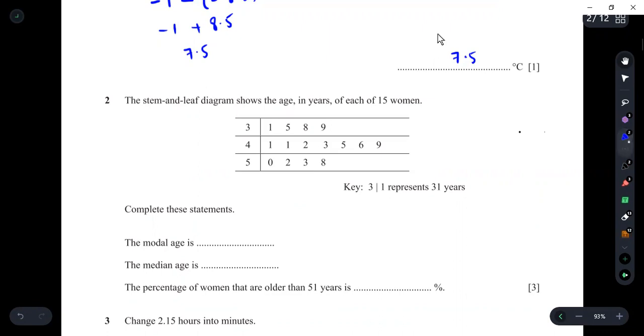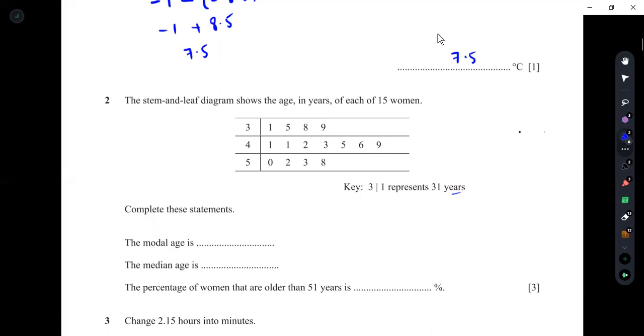If we read any value from this table, 3 on the left side and 1 on the right side means it is 31. It represents an age of 31 years because this data is about the ages of the women. So the first numbers here are 31, 35, 38, 39, 41, 41, 42, like that. So this is how we interpret this data.